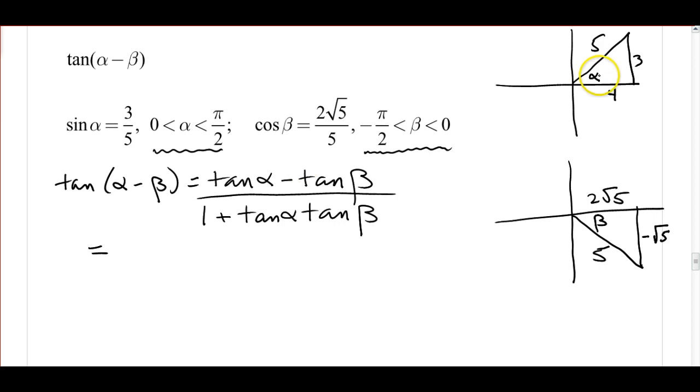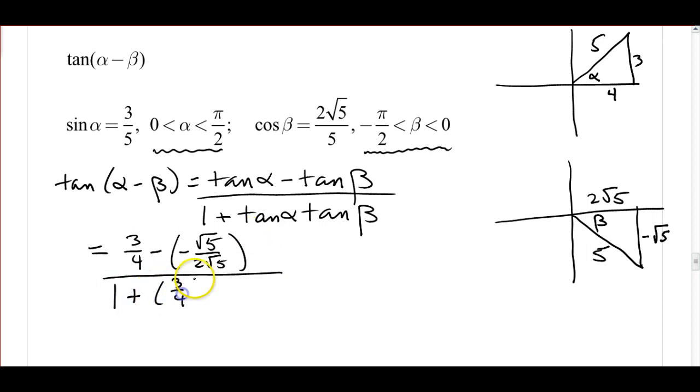So tan alpha is going to be 3/4 minus tan beta, which is -√5 over 2√5, and then it's going to be all over 1 plus tan alpha, which we figured out was 3/4, and tan beta, which we figured out was -√5 over 2√5.